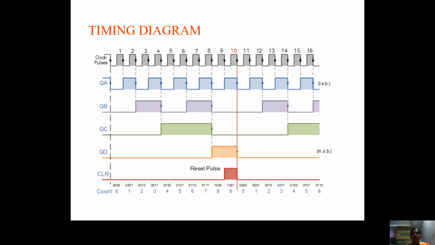Since clear is 0, till 10 clock pulses it will count. Immediately on the occurrence of 10 clock pulses, clear will become 0. That is why all the flip-flops are reset, and they will come back to 0 0 0 0, the initial state.